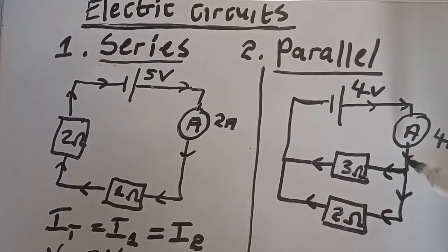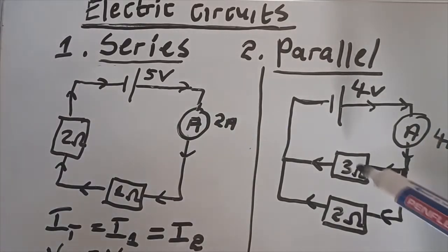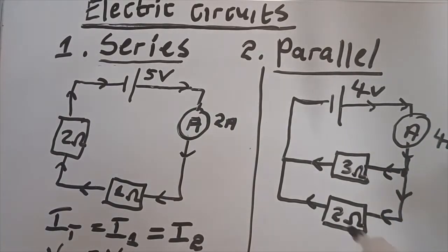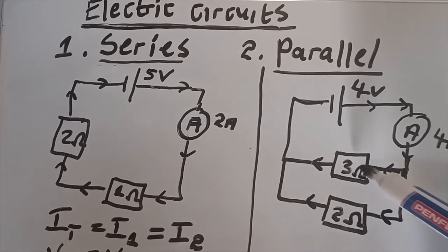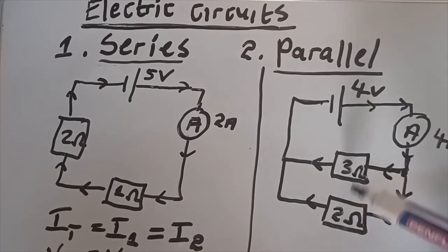So there's a splitting of current in a parallel circuit, so that each and every resistor can get something, so that it can function. But we cannot guess how many amperes are going to pass here and here, because our resistors are not equal.